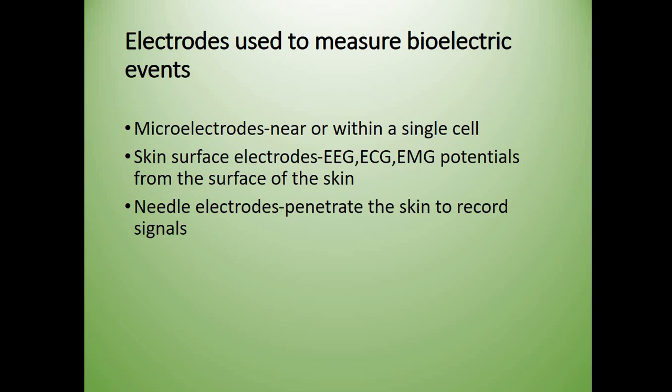The second type of electrodes are the skin surface electrodes, which are basically used for EEG, ECG, EMG potentials from the surface of the skin. And the third type of electrodes are the needle electrodes, which are used to penetrate the skin to record the signal.